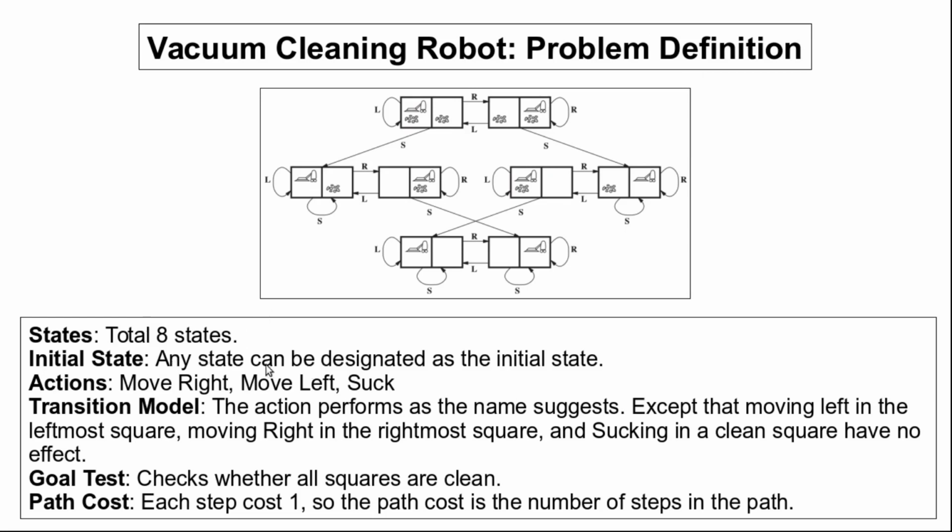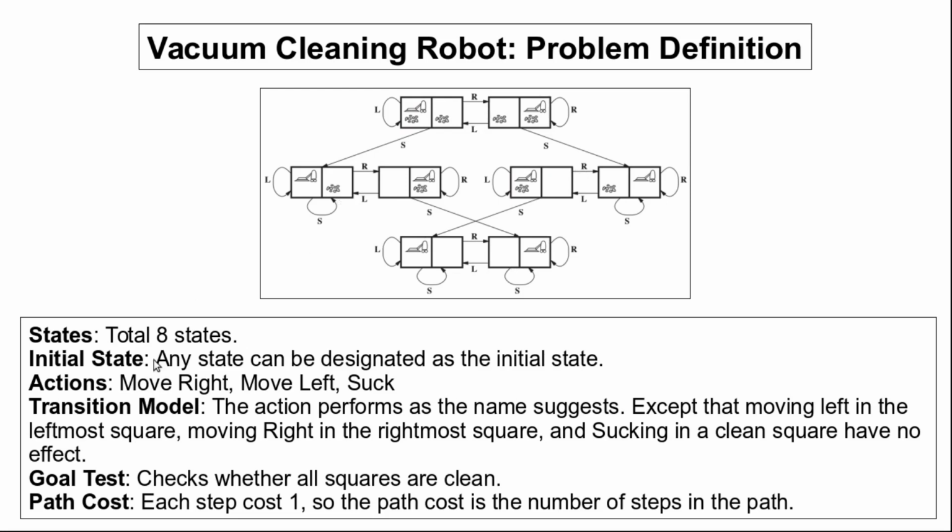The initial state, so any of these 8 states can be designated as the initial state. So the initial state can be that both the rooms are dirty and the robot is in room A, or initial state may be room A is dirty, room B is clean, and robot is in room B. So initial state may be any one of these 8 states.